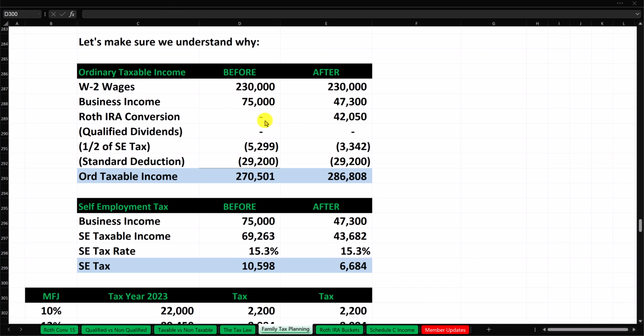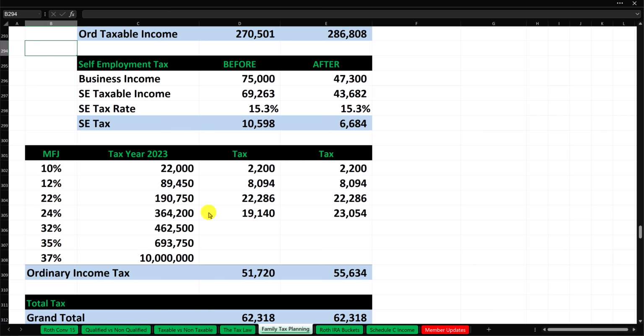We're not dealing with any qualified dividends in this example, so this line is just a carryover from earlier in the presentation. Okay, here's where we get to deduct 1/2 of the self-employment tax. So this number right here is just 1/2 of this and this right here. Then we have our standard deduction, and we're looking at $270,501 of ordinary taxable income in the first situation and $286,808 in the second situation.